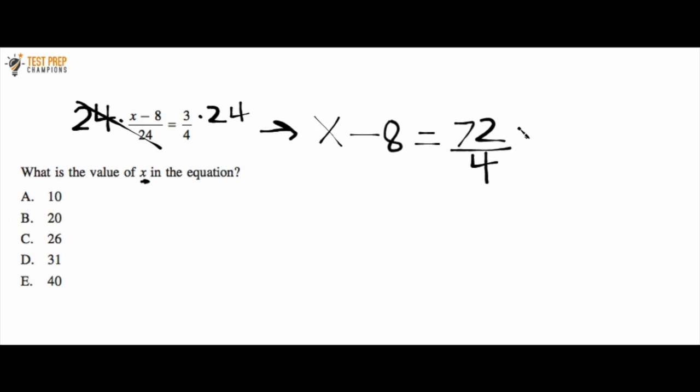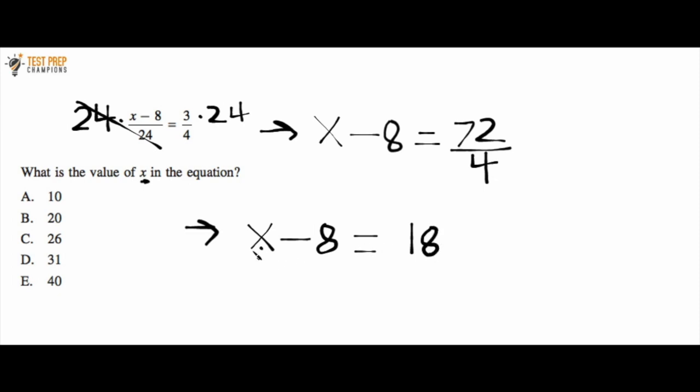Now I can do the division here, 72 divided by 4, which is 18. So I've got x minus 8, and I do have a calculator off screen that I'm using. I did not know that off the top of my head. So I have x minus 8 equals 18.